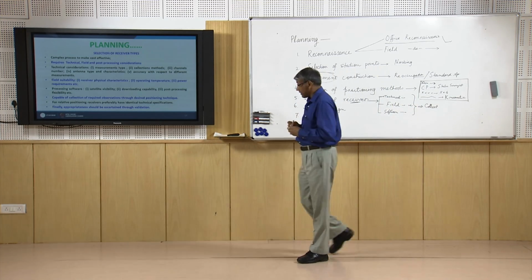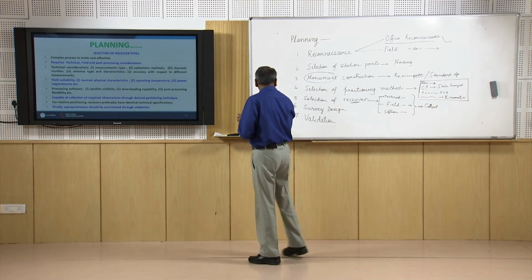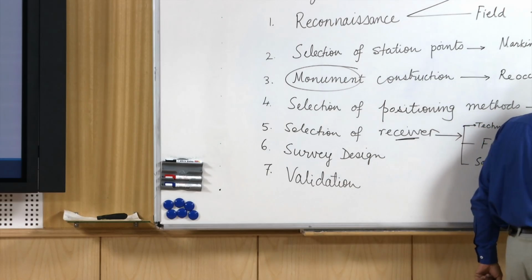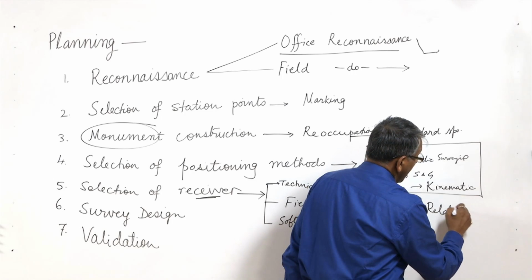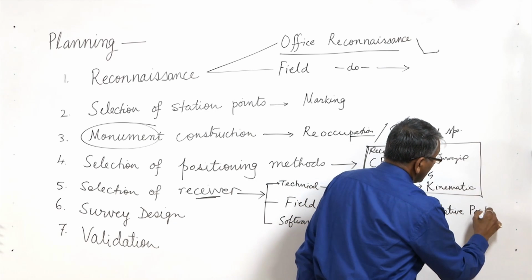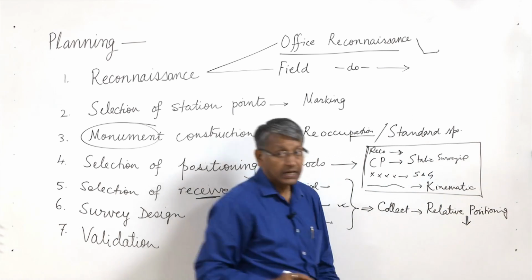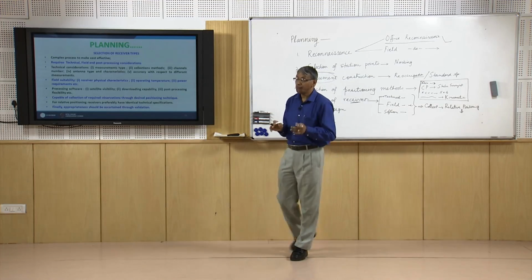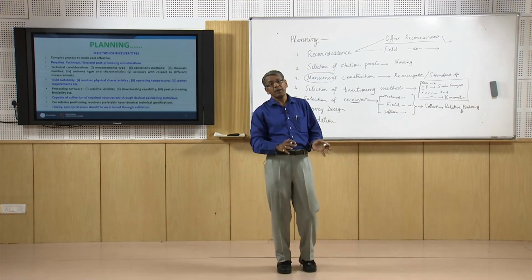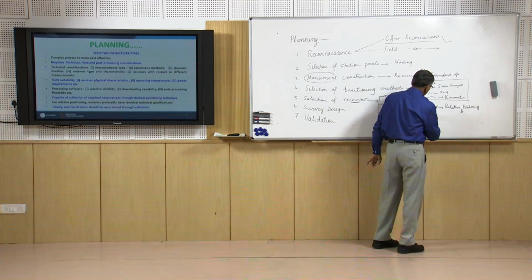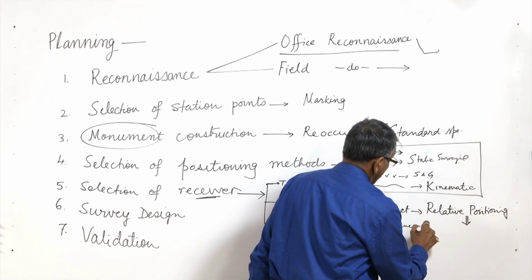So that is important. And one more thing, generally if we go for relative positioning, it is always advisable to go for receivers of similar type in base as well as reference, reference and rover.